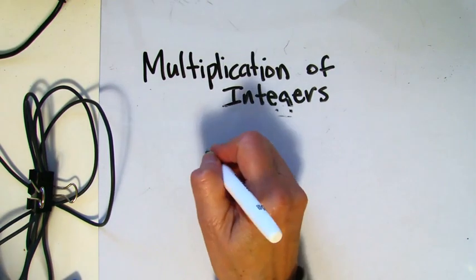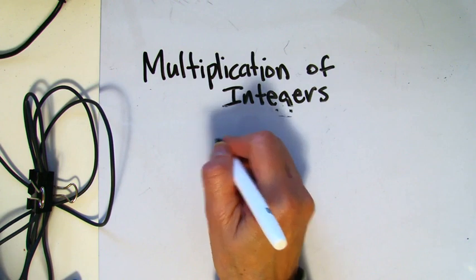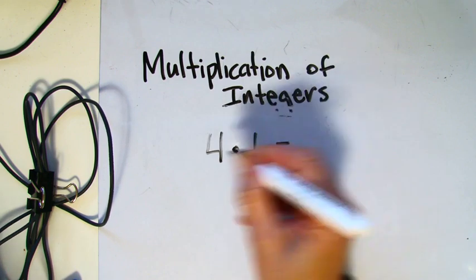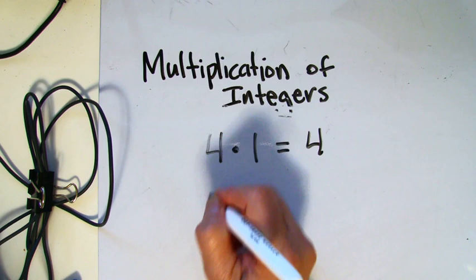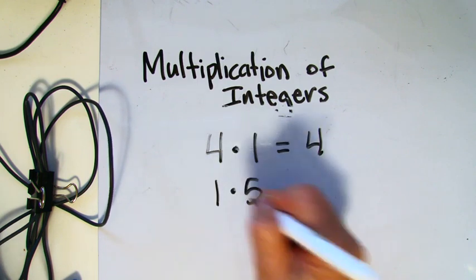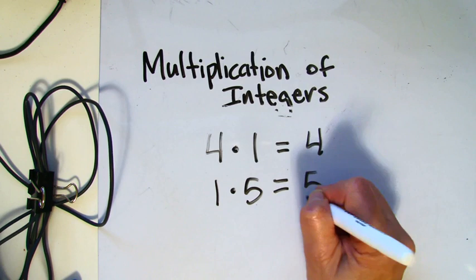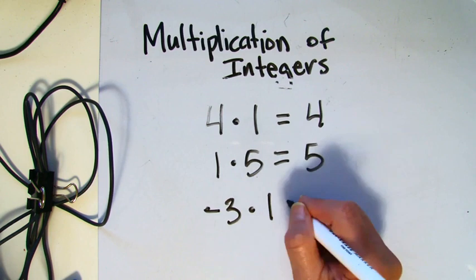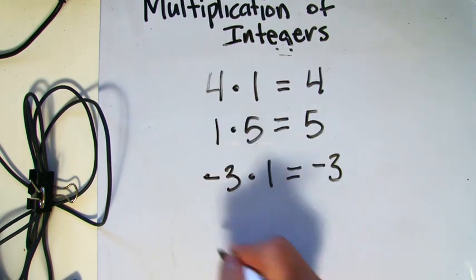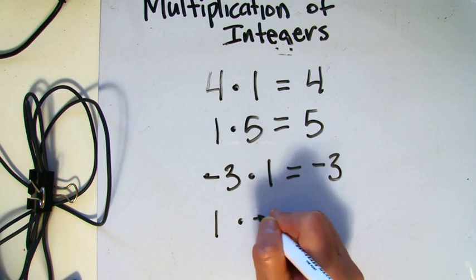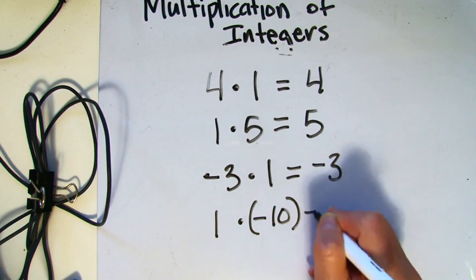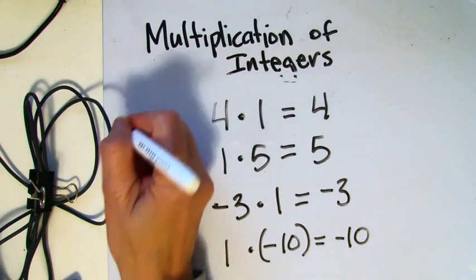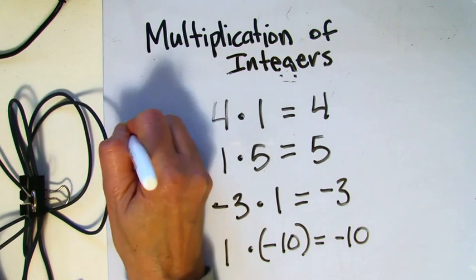So we know that when we multiply a number by 1, say 4 times 1, we're going to get the number we started out with. 1 times 5 is going to be 5. -3 times 1 is going to be -3. 1 times -10 is going to be -10. So that's when we're multiplying by 1.